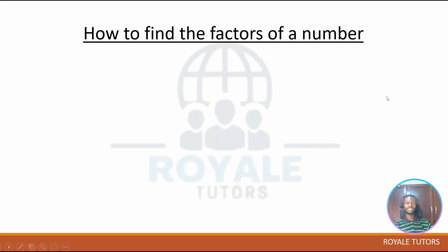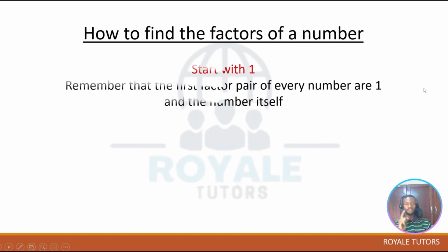How to find the factors of a number. First step, start with 1. Remember that the first factor pair of every number is 1 and the number itself. That is, if you want to generate the factor pair of 12, you would have 1 and 12.